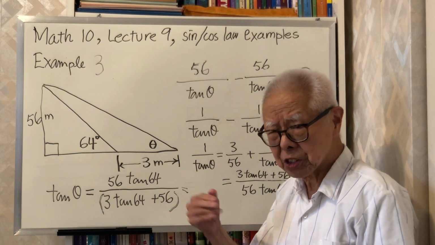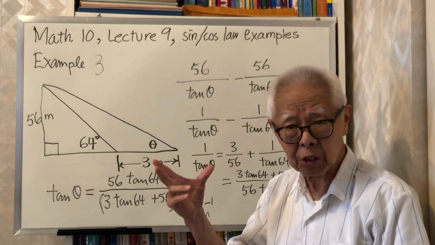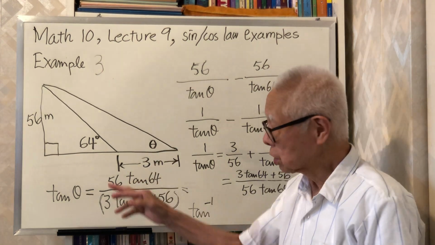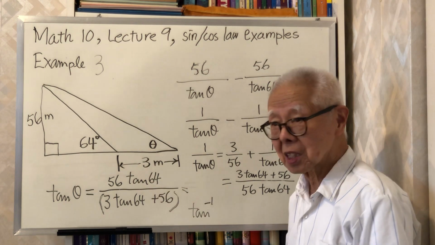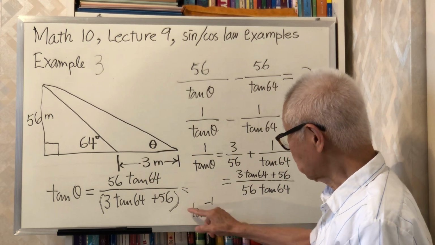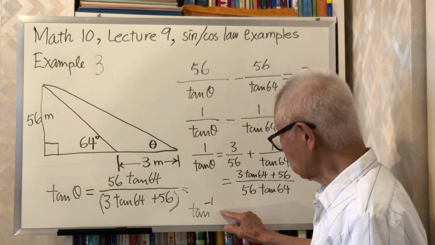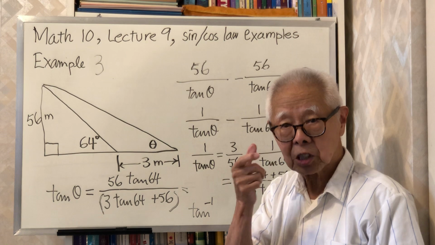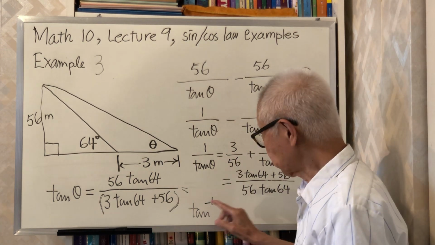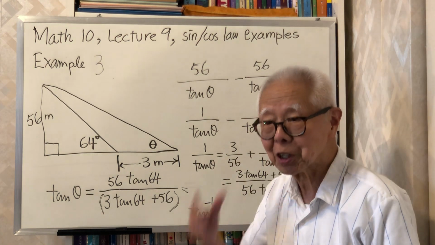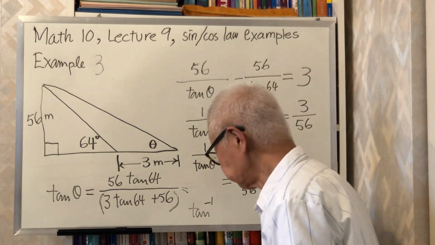But the value of this is already on your calculator, except you don't need to write it down. So you press second function tangent, then you press the button called answer, and then press equal sign, you get the theta right away.